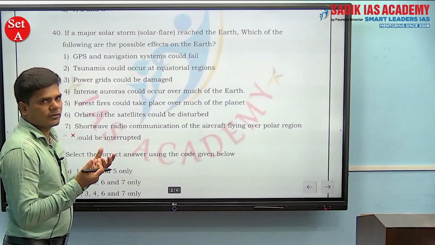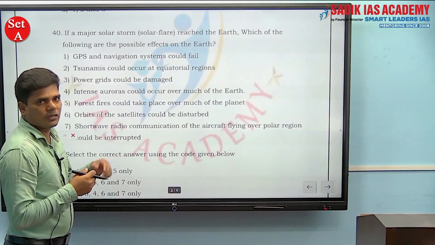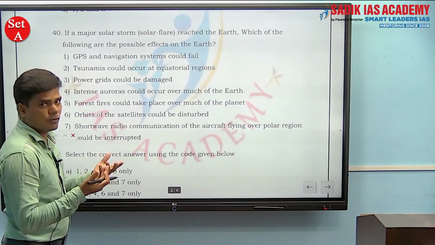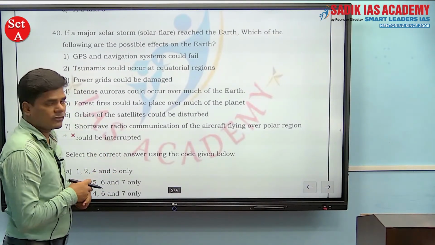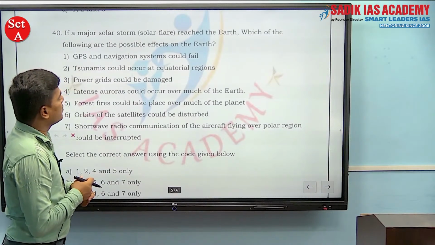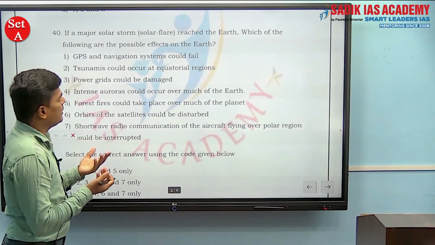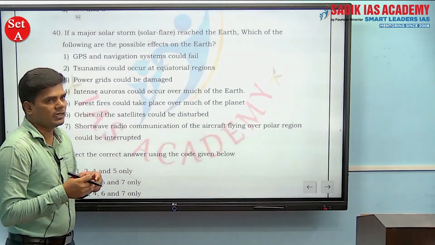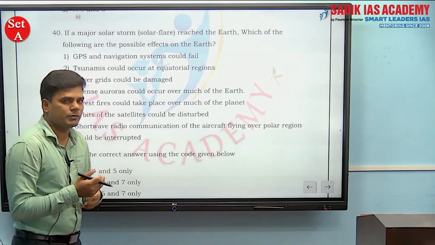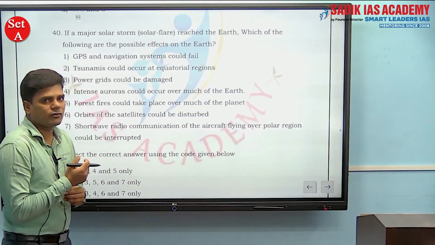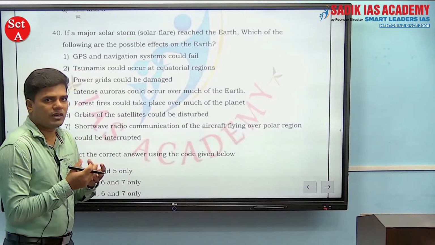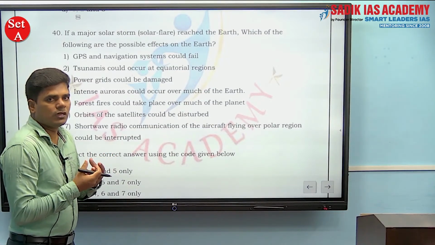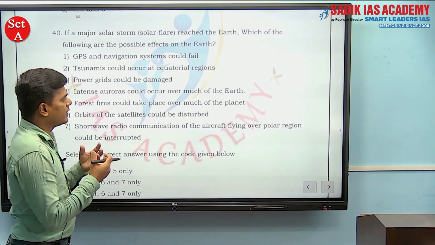When the sun explodes, that is what we call a solar storm. So when a solar storm happens, what would be the effect? It definitely affects the atmosphere of the earth. It might affect the satellites orbiting the earth and some of the communication systems. So in that sense we have to look at these statements.